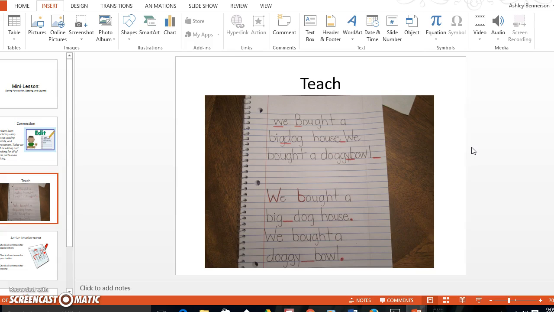We bought a doggy bowl, with spacing between the word doggy and bowl, and a period at the end of that sentence. To help with spacing, you can also put your finger between the words. For instance, where there is the word big and the word dog, if you were to put your finger there, that tells you that there is just enough space for you to start writing your next word.